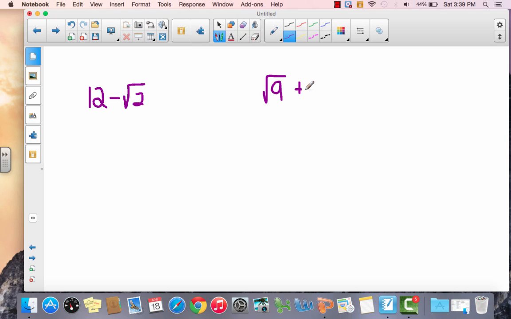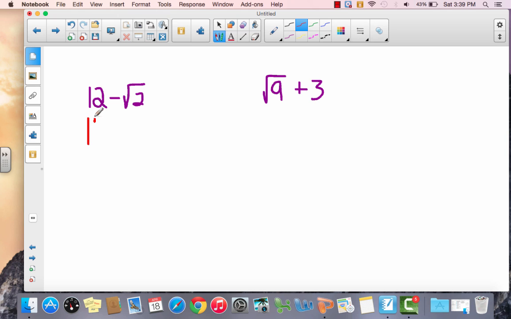And I can compare which one is bigger and which one is smaller in a very similar manner. Before I can actually solve this expression on the left, I need to figure out what the square root of 2 is. And since it's not a perfect square, I would estimate it in a similar manner to what I did before. And my estimation would tell me that the square root of 2 is approximately 1.4.